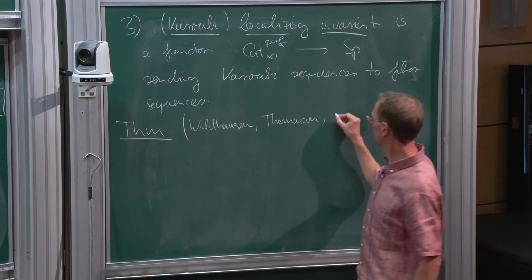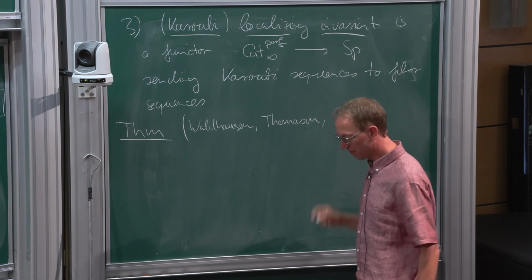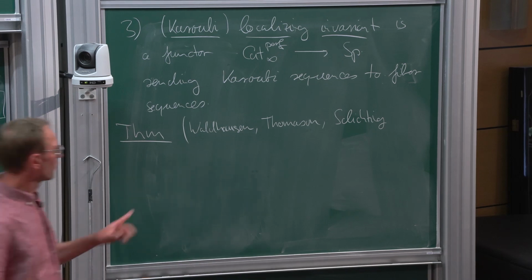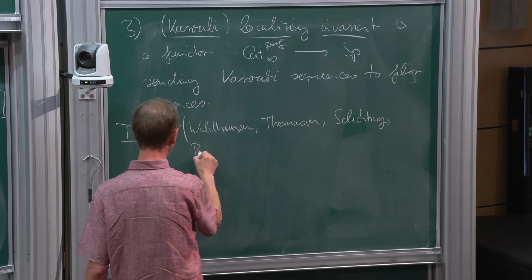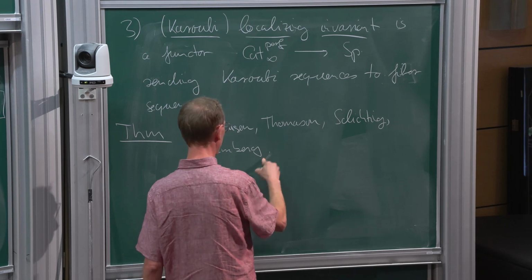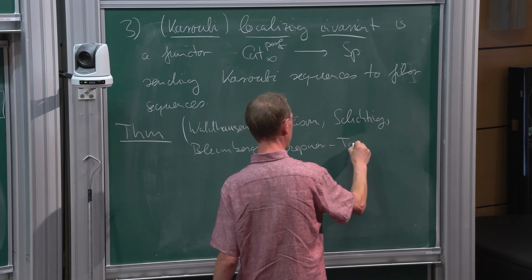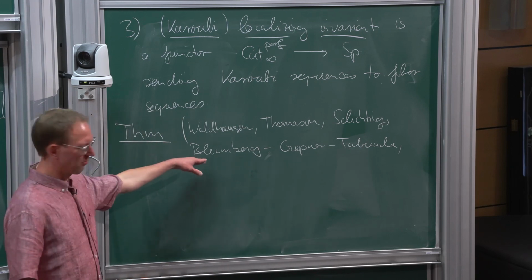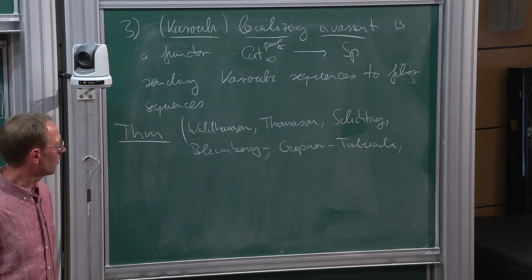And then Schlichting defined negative K groups also for certain exact categories, which you use here. And then in this infinity categorical language, it was first proven by Blumberg, Gepner, and Tabuada. But if I remember correctly, they used this previous work of Waldhausen and Schlichting and so on.